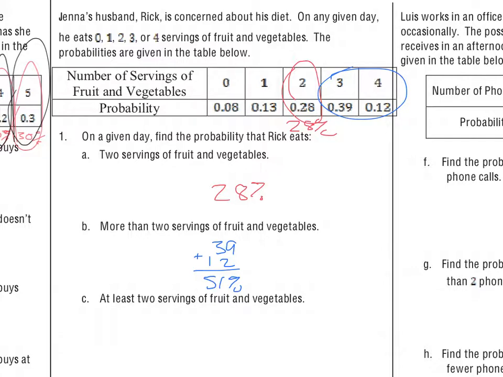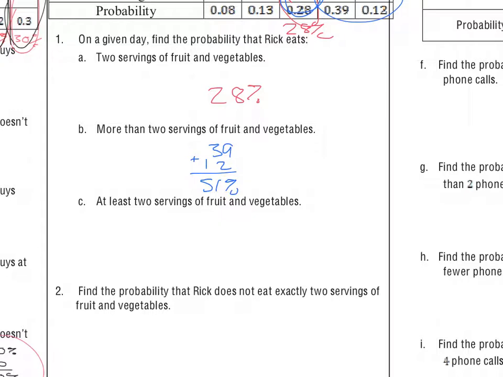At least 2 servings. Again, that's that language, at least 2 servings. That's inclusive. So basically, I'm taking what I previously had there, 39 plus 12 plus the 28. And that's going to give me 63%.